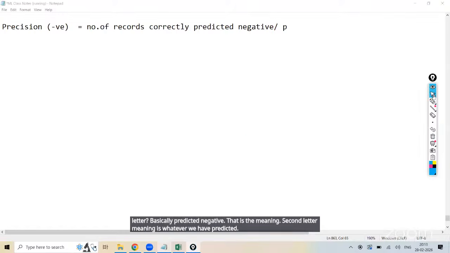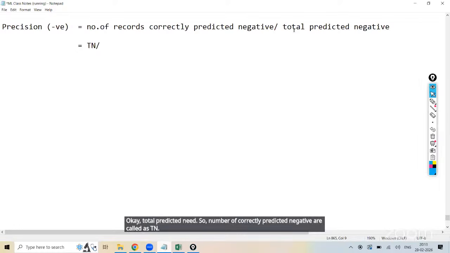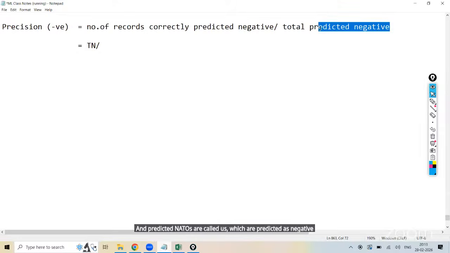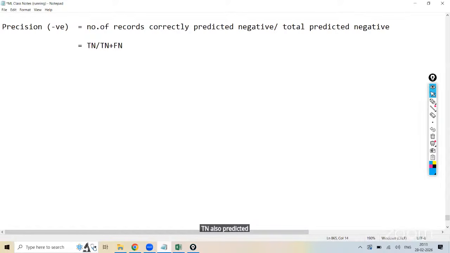So it is nothing but total predicted negative. The number of correctly predicted negatives is called TN, and predicted negatives are those predicted as negative, whether correct or incorrect. Every predicted negative is called TN and FN. TN is also predicted negative only. FN is also predicted negative only.